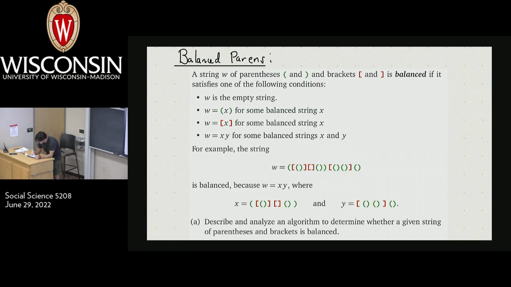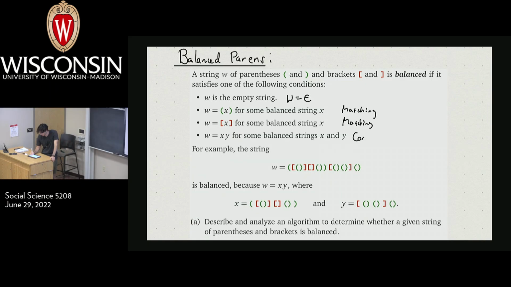Either W is the empty string, it's just nothing. We'll use epsilon to denote that it's nothing. So obviously if you have no characters, it's vacuously balanced. Otherwise, it's two matching parens, or matching brackets, with something else that's balanced inside of them, or it's two balanced things concatenated.